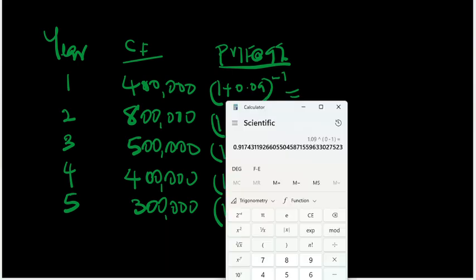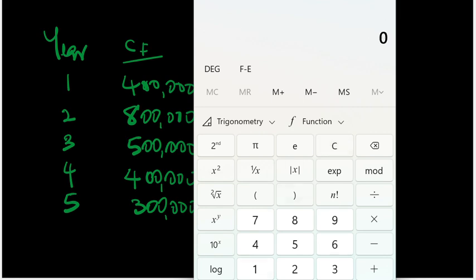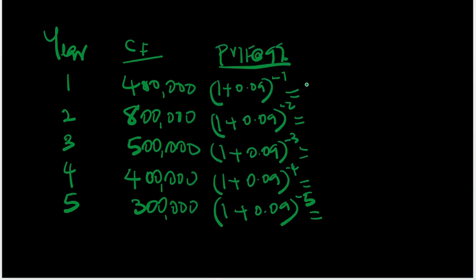If we begin from the first one, 1.09 raised to negative 1 is 0.9174.